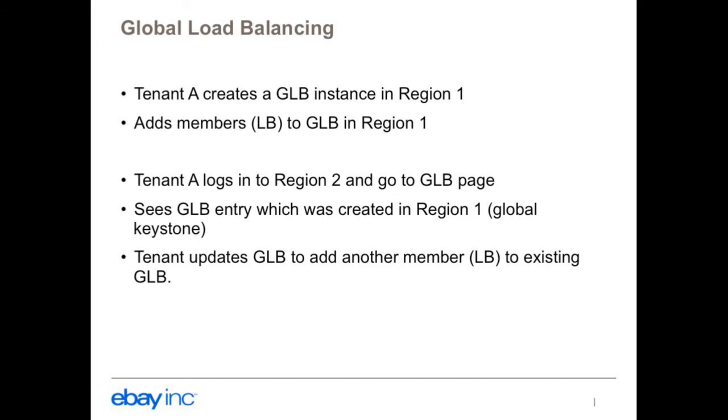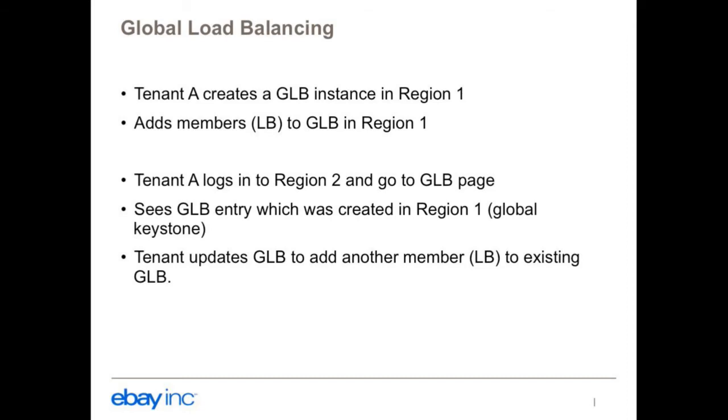It's based on OpenStack. By the way, we are running a global Keystone, so one tenant can use the same credentials to log in to different regional clouds. Once the tenant logs into the region 1 cloud, he can first create a LB instance for ebay.com. Then in the same region, he can go to the GLB page where he puts that LB instance as part of the GLB wide IP.